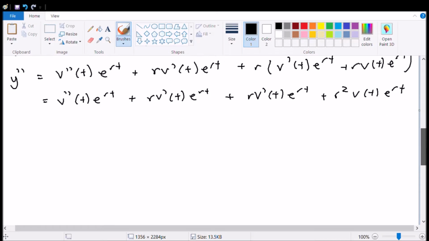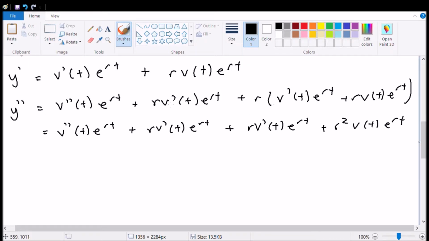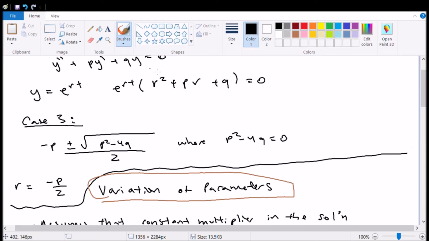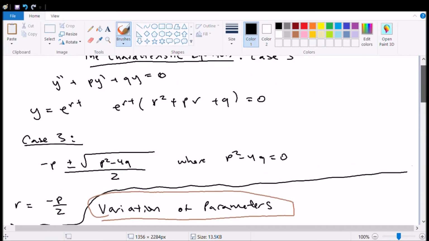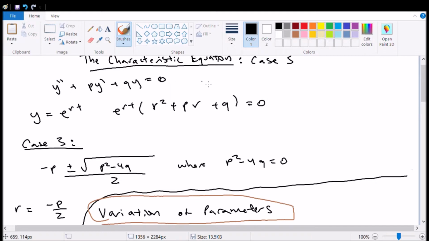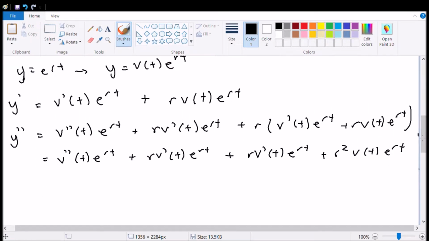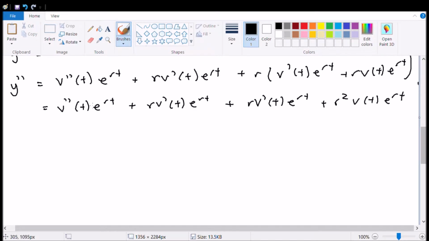Okay, so now we're going to substitute in these two for the general form we have up here. So we're going to substitute in y double prime and y prime into this thing up here, and y, of course. This is going to be a long expression.